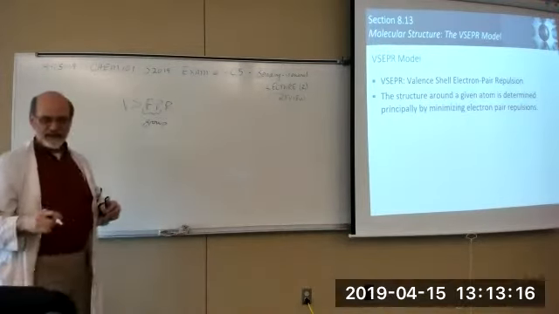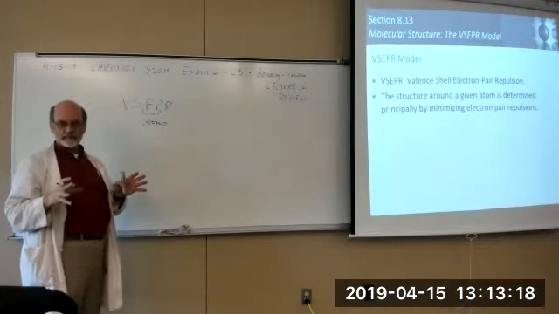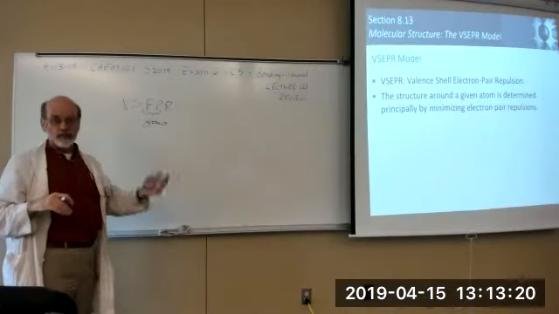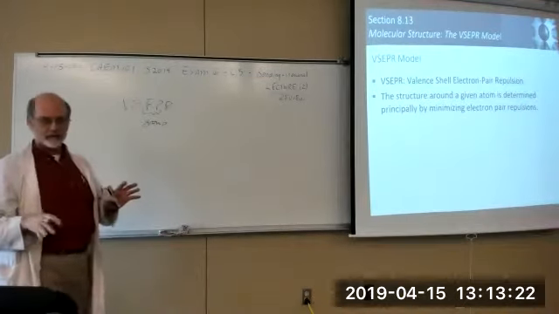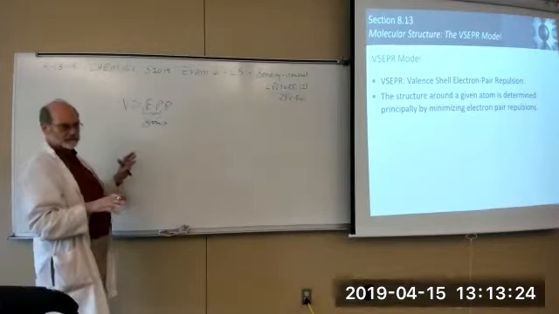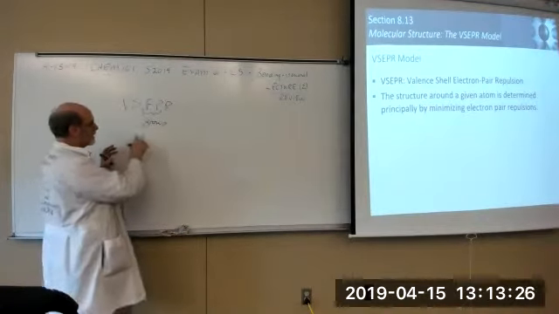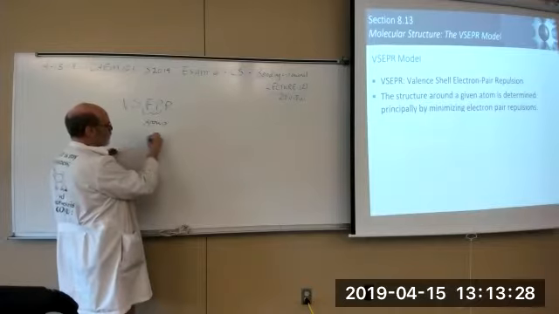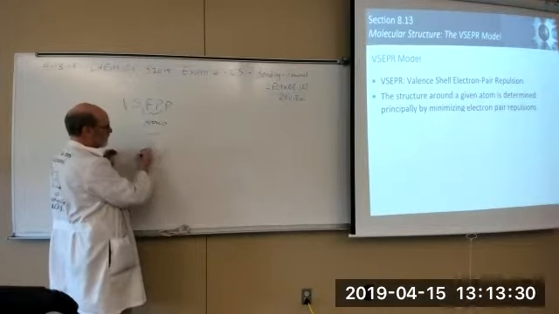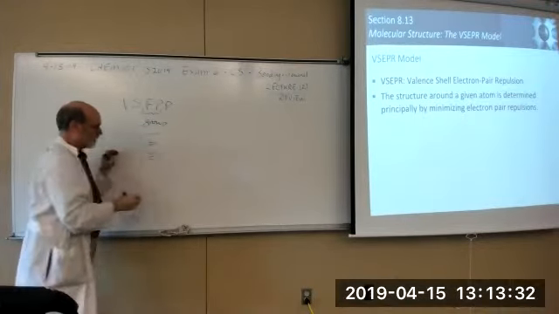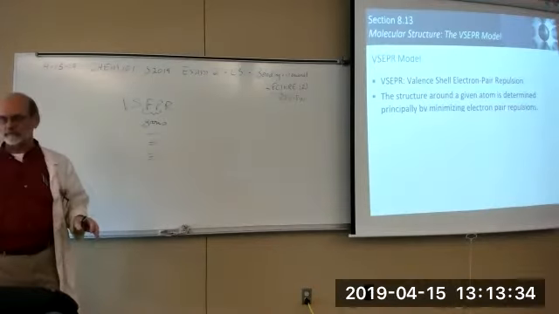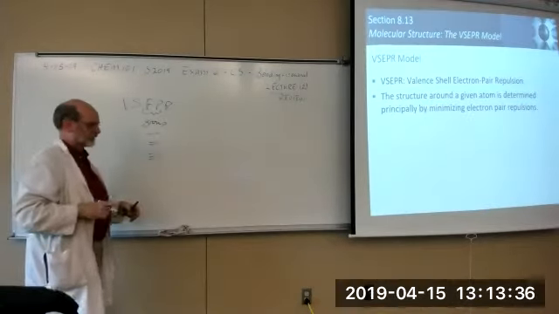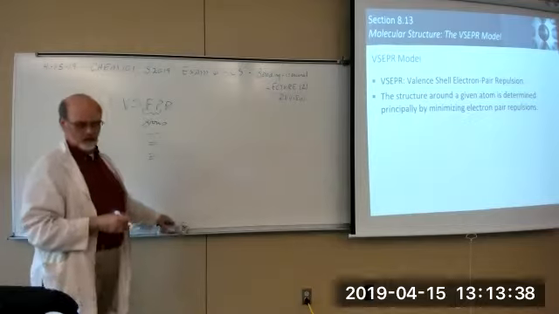The reason I say that is when you have a bond, now electron pairs as lone pairs, yes, they act independently. But in the bonding scheme, an electron group could be a single bond, a double bond, or a triple bond. We count each one equally. I'll show you how that works in just a second.